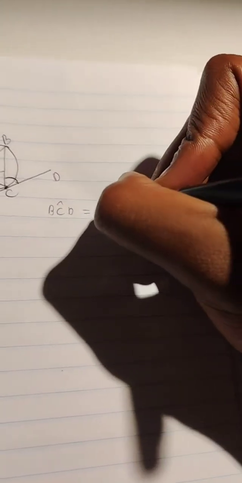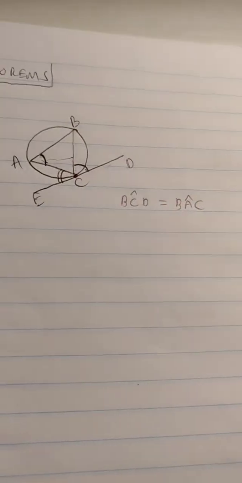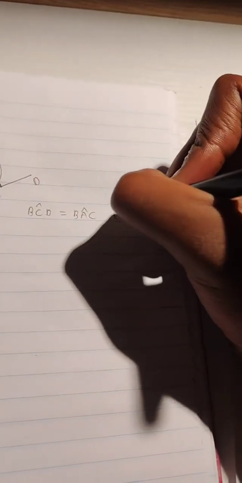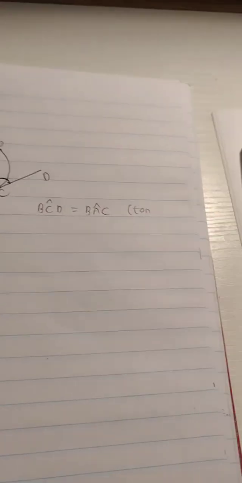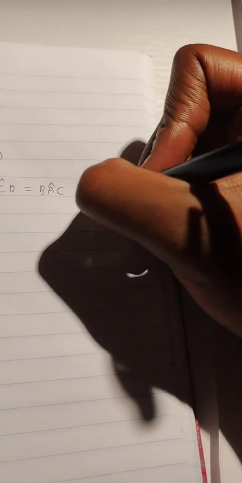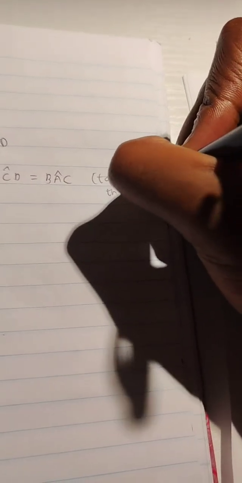Okay, so if we had A, B, C, let's say this was D and E, we could clearly say that angle BCD is equal to angle BAC. And our reason would be tan chord theorem.